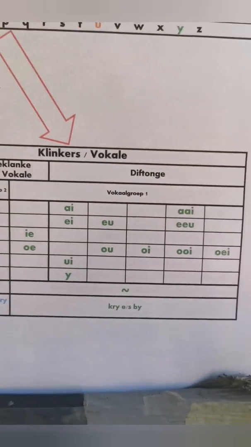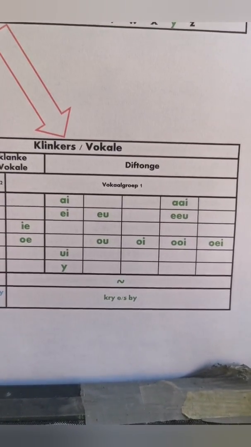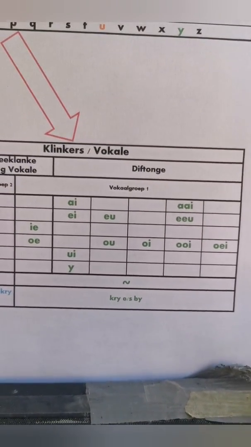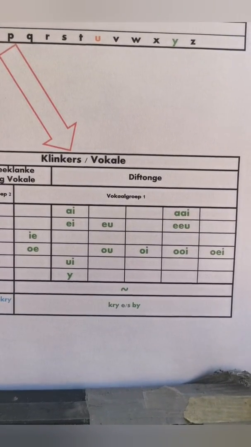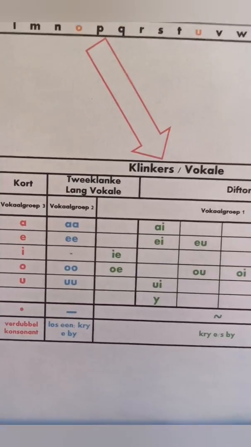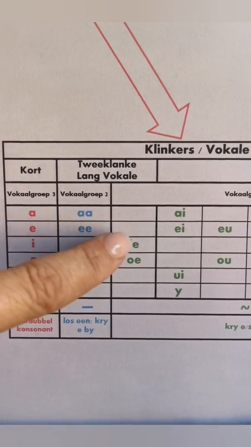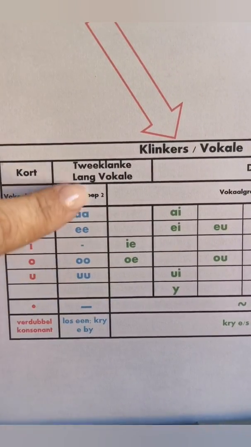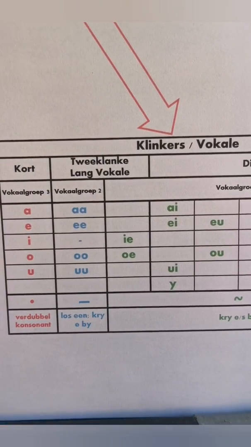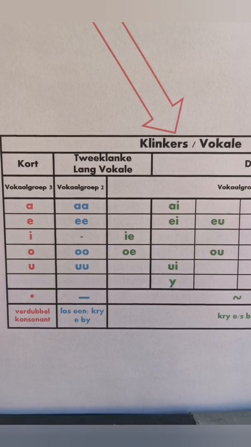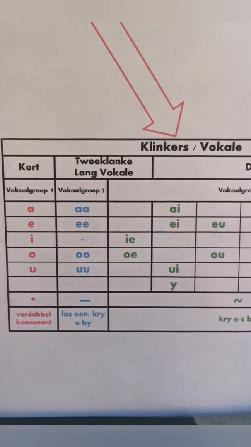Right, so the letters in green are all the vowel sounds that 2 or 3 are grouped together to make one sound. Now, as you can see in this group, these 2 are still in this group of twee klanke or lang vokale. The reason for that is when you say it, you only hear one sound.